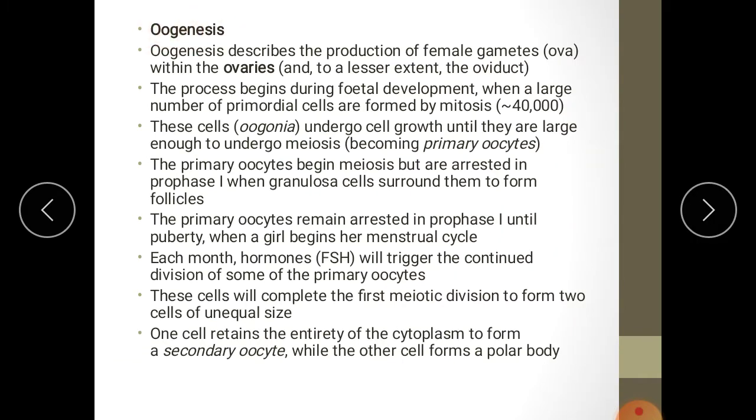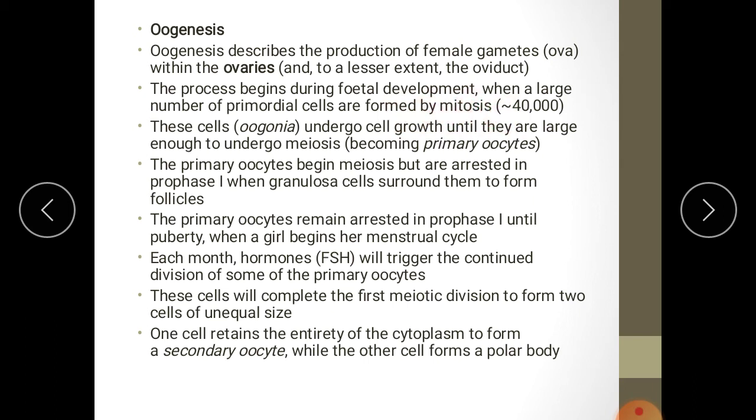Next, oogenesis. Oogenesis describes the production of female gametes within the ovaries, and to a lesser extent the oviduct. The oogenesis occurs in ovaries. The process begins during fetal development when a large number of primordial cells are formed by mitosis.